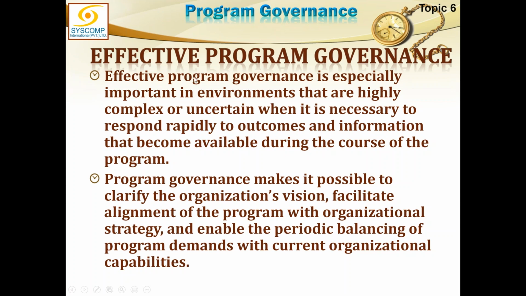So when the situation is more uncertain, and naturally in programs usually level of uncertainty is high, but in some programs uncertainty may be more, in some programs that could be comparatively less. So for highly complex and uncertain programs, we have to turn back and respond very quickly to the outcomes and information that becomes available during the course of the program.